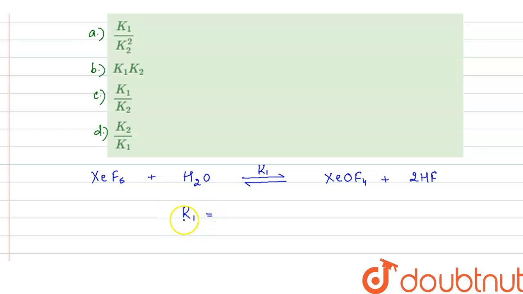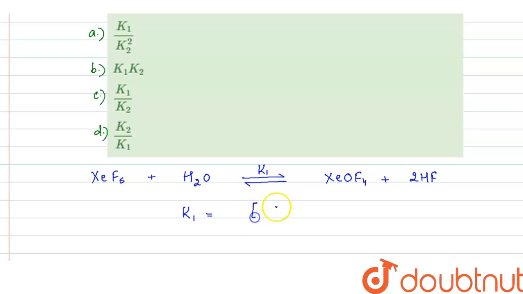Now for writing the expression for equilibrium constant, in the numerator we have to take the product of the concentrations of products, divided by the product of the concentrations of reactants. So in products we have XeOF4 and 2HF.